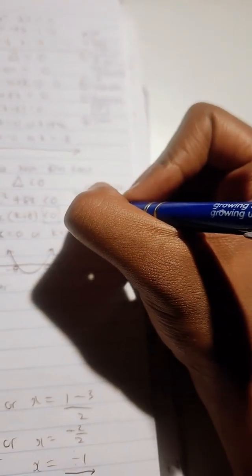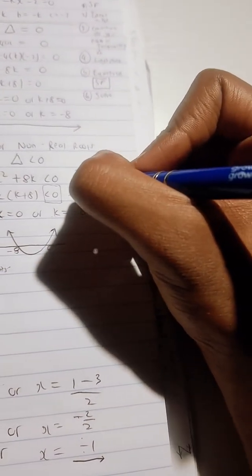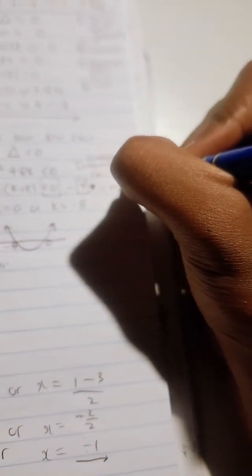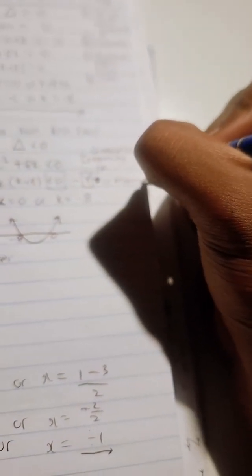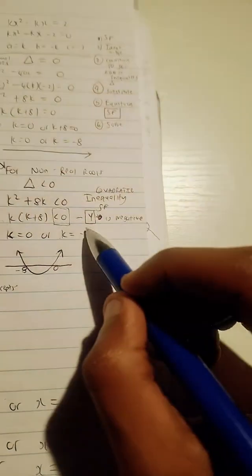Remember, less than 0 means where y is negative. Where y is negative, because remember, less than 0 means something that is negative. But who is negative? The output. What is the output? The output is y. So if you look at this graph, it is positive.